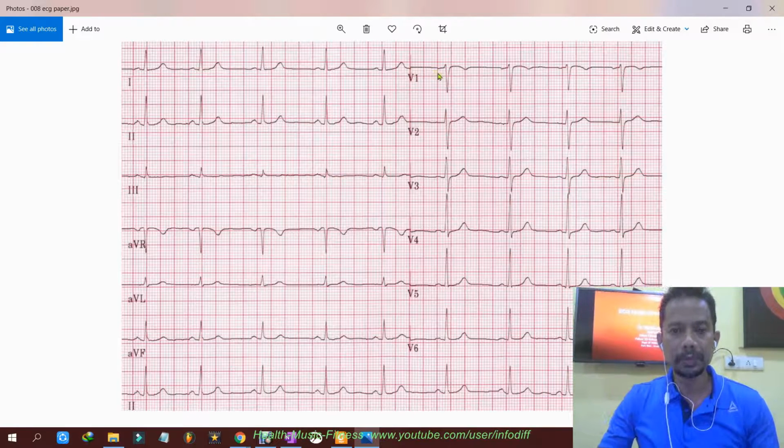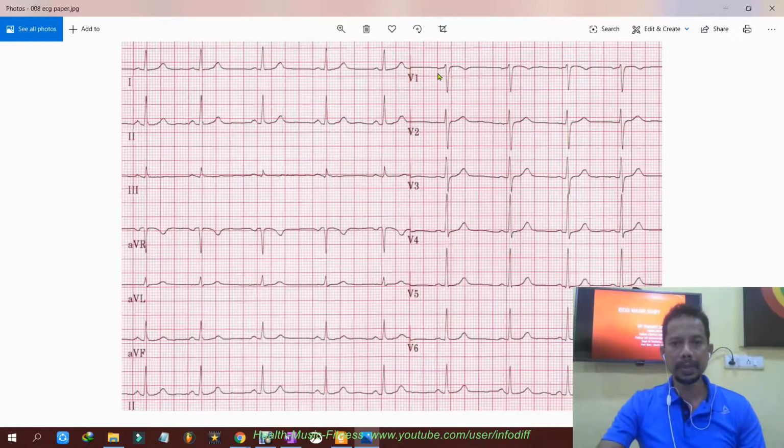And if you see V1 in some patient and you see a negative wave where P should be, that means left atrial enlargement. If you see just a positive wave in V1 where P should be, that means the right atrial activity is overriding the left atrial activity, so there is right atrial enlargement.